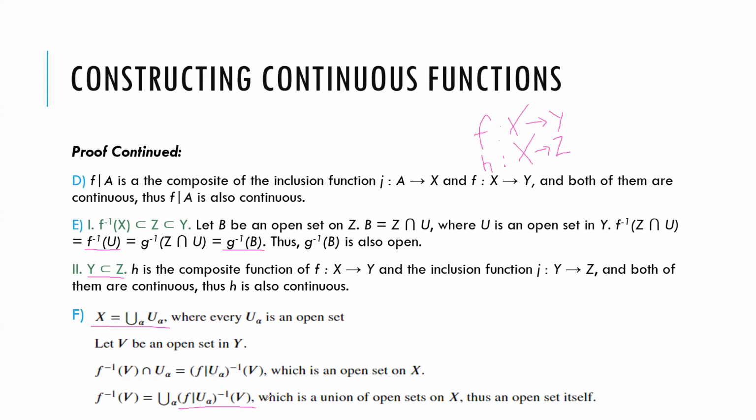But still, each of these sets is an open set, so their union would also be an open set. And this is how we get that the inverse image of V would be an open set and F would be continuous.